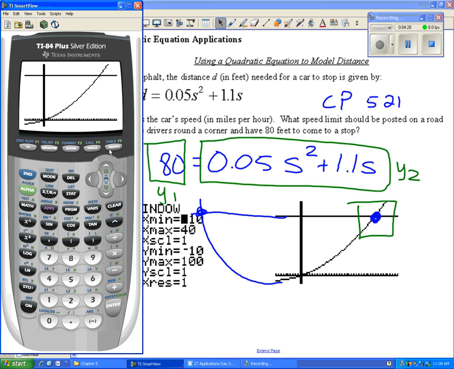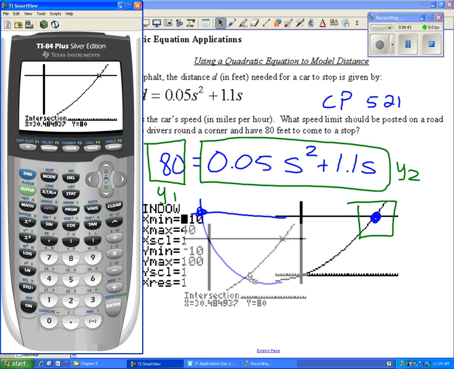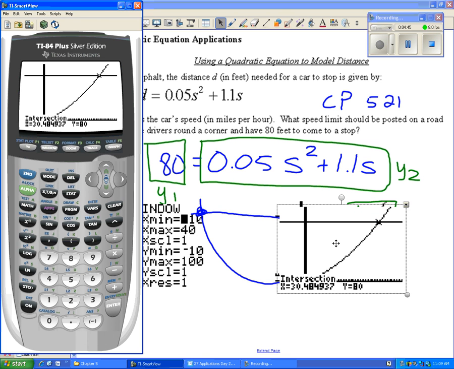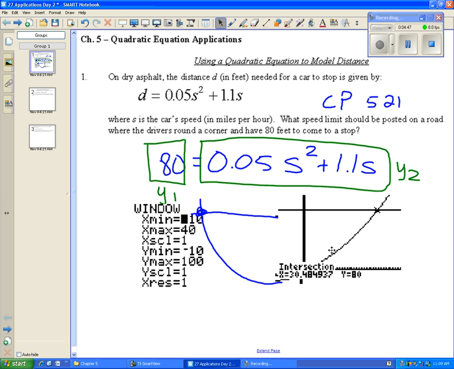My intersection is under calc, so I hit second trace to get calc. Number 5 is intersection. First curve, second curve, guess. I get 30.48 miles per hour. That intersection right there, the positive one, is 30.48 miles per hour.